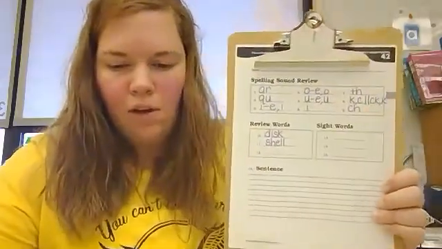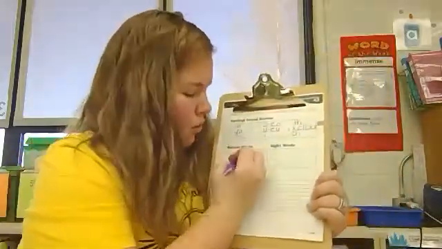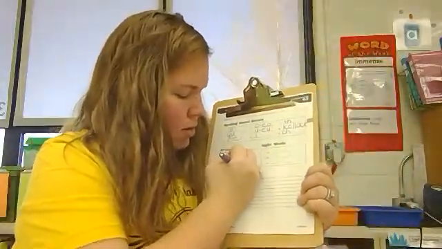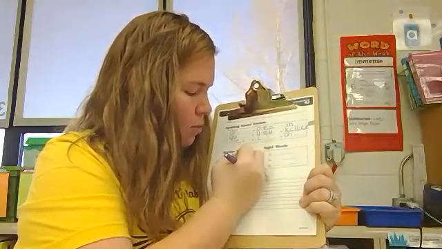Shell is spelled S-H-E-L-L. And number 12, spell the word spark. Spark. The fire produced a spark. Spark is spelled S-P-A-R-K.